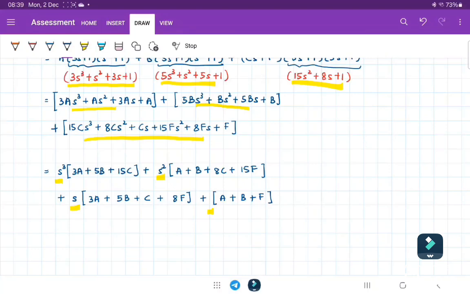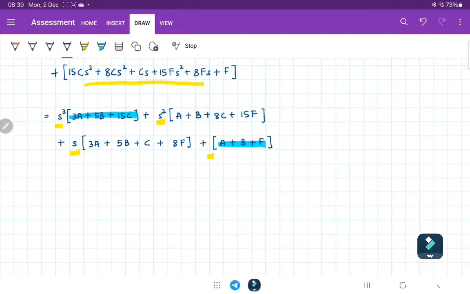Remember, what we need to determine is the value of C and the value of F. So when I look at this equation, I am going to use this part and this part only. The other two parts, meaning for s squared and for s, I don't actually need to complicate my life, because I already have the values for A and B from earlier.